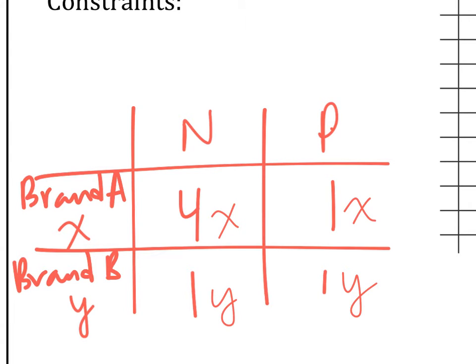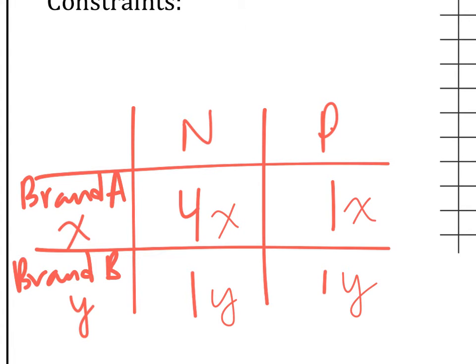Then the next question. How much total nitrogen do you get? 180? No, you want at least 180. But based on the number of bags, how much nitrogen will you get? Well, it depends on how many bags, right? Well, 4 from x, 1 from y.